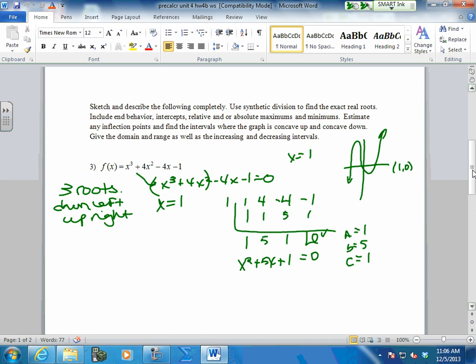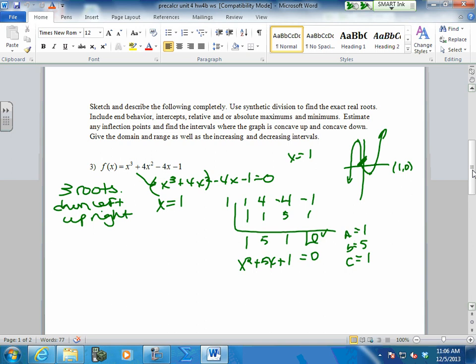Now, you're also going to have to, on your calculator, go back and find me a maximum. Is this a relative maximum or an absolute maximum? Relative. Is this a relative min or an absolute min? Relative min. You're also going to find me concavity, so what is this guy called? Inflection point.